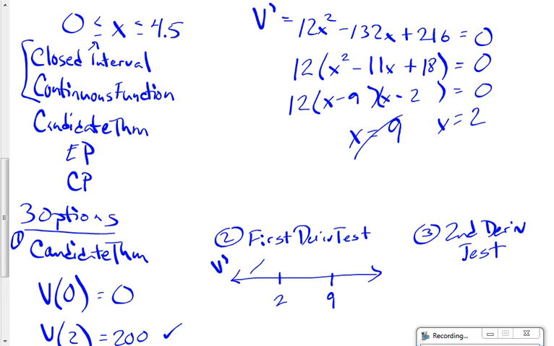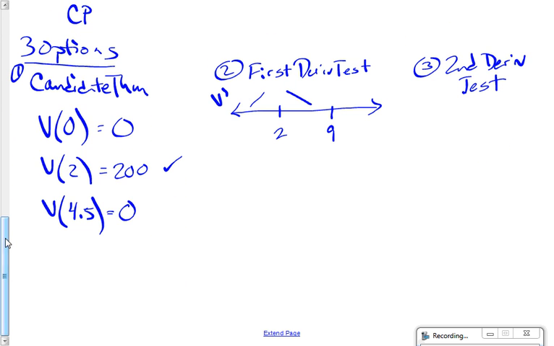Okay? Let's do V prime of 3. And I'm actually going to do it in there. V prime of 3 is 12 times negative 6 times 1. Negative or positive? Negative. It's going to fall in that region. We knew that, though, guys, didn't we? We're just defending what we did. Okay? So, and we already knew that 9 was a bad idea, so we're not even gonna go with that because it's not part of our domain.